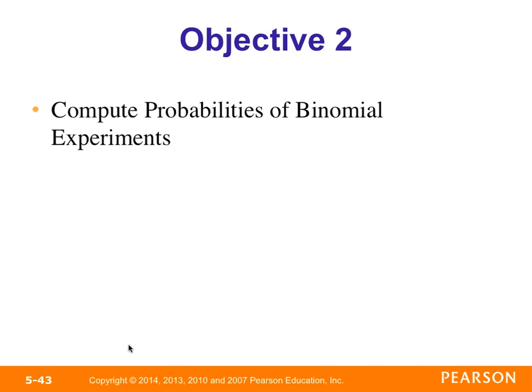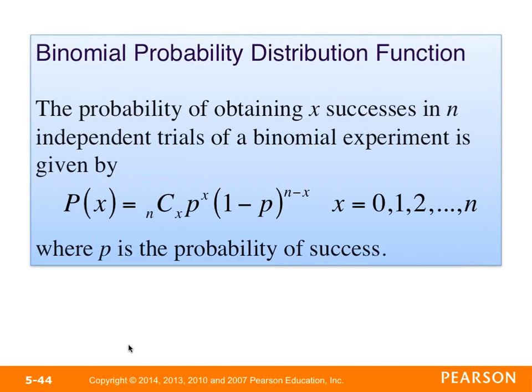Okay, objective 2 is to actually compute probabilities of binomial experiments. So the binomial probability distribution function is as follows. The probability of obtaining X successes in n independent trials is given by the following.